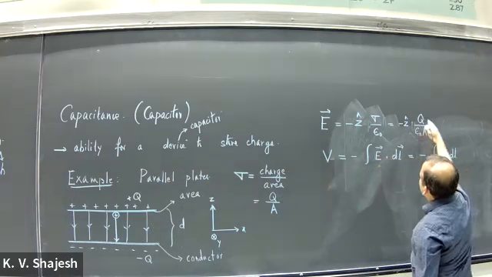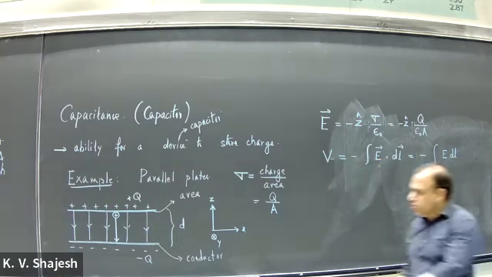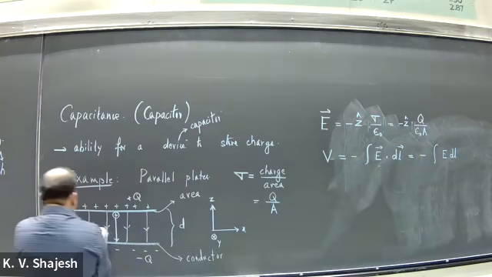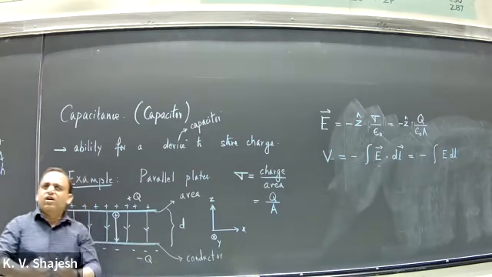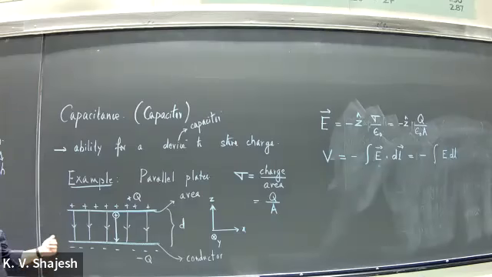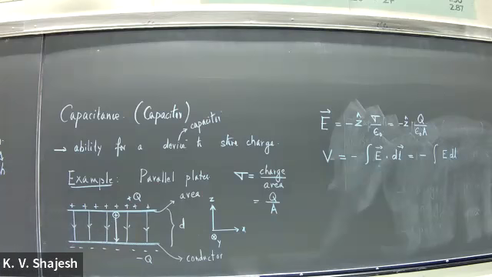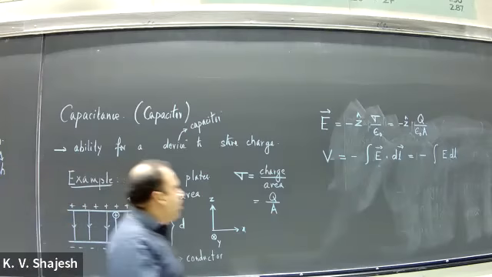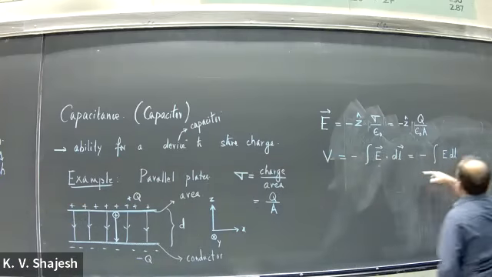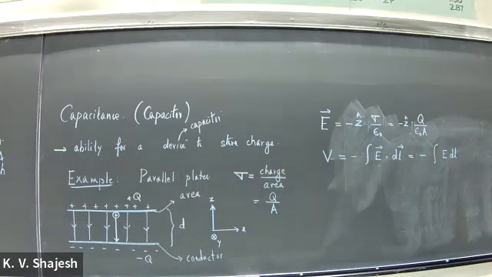E is a constant, E doesn't change, right? These field lines are equidistant, unlike a sphere where they radiate outward. Equidistant, or equal in density, means that the electric field is uniform inside the plates. That means it's a constant electric field. So E comes out and dl is going down.